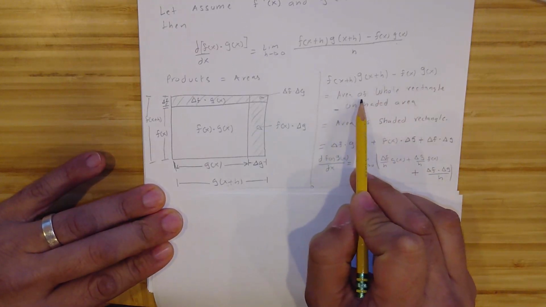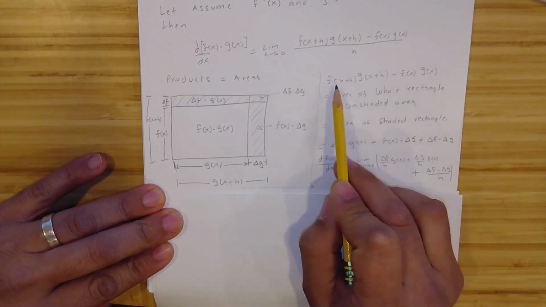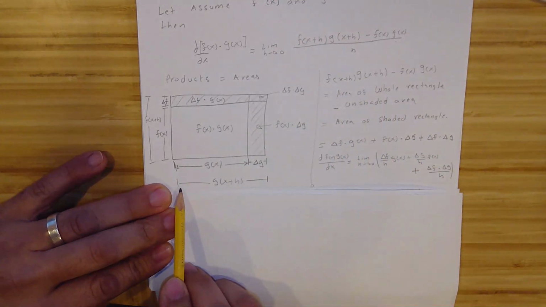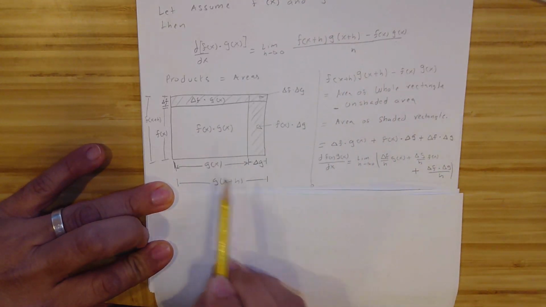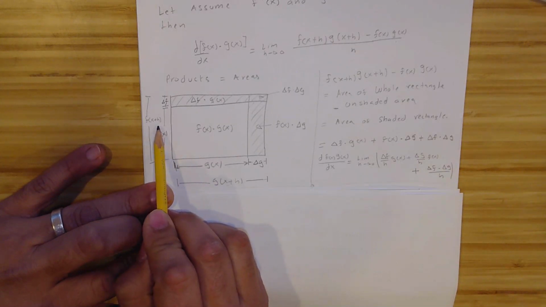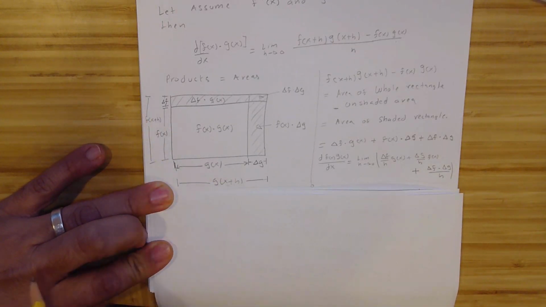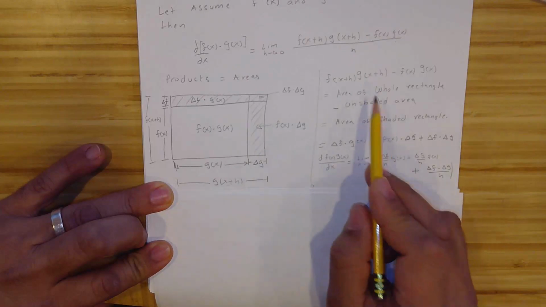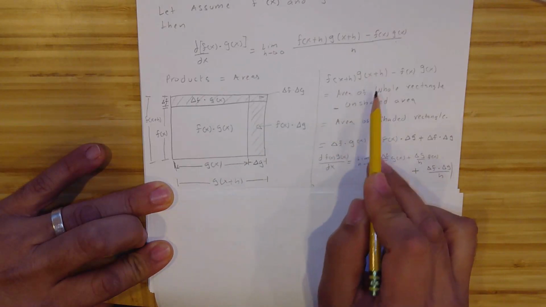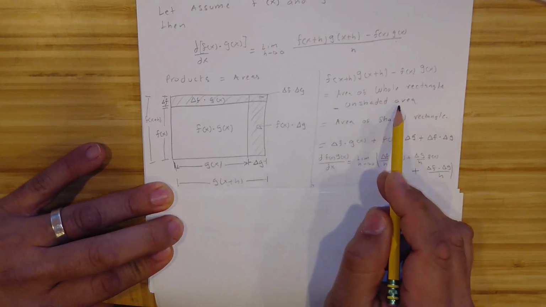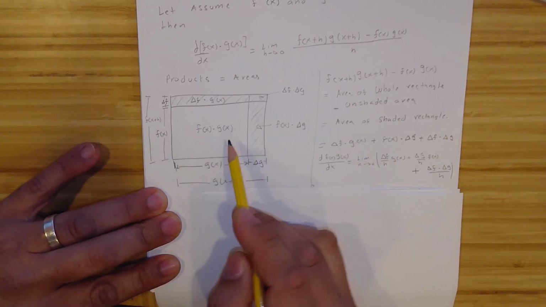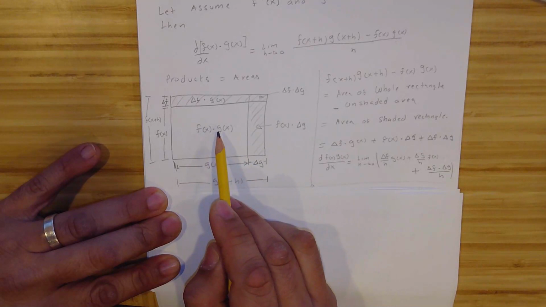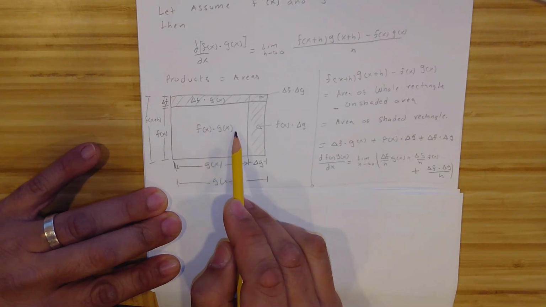This is the area of the whole rectangle. If we multiply g of x plus h and f of x plus h, this is the whole area of the rectangle, minus what? Minus the part that is in the middle, the f of x times g of x.